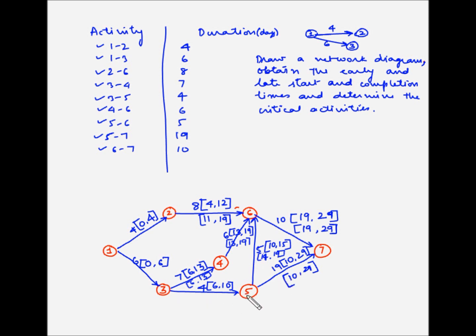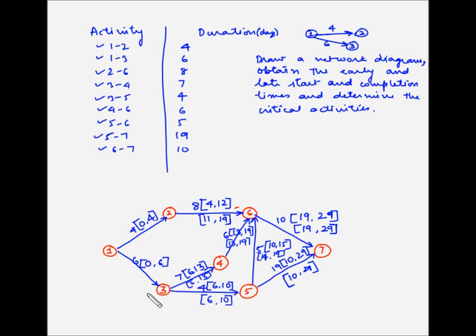So activity 3-5 should be completed by the 10th day for activity 5-7 to start. So the latest finish time for activity 3-5 is 10, and it takes 4 days to complete 3-5. So 10 minus 4 is 6. This becomes the latest start time.